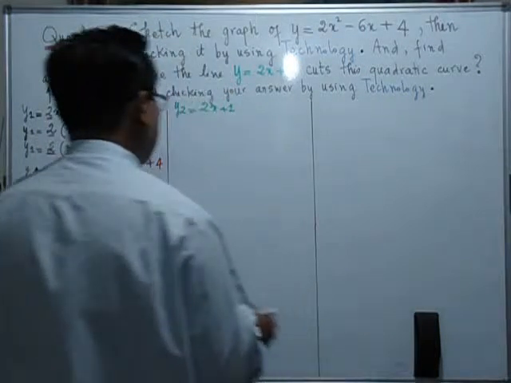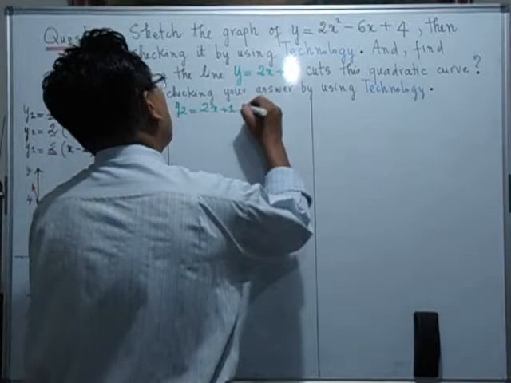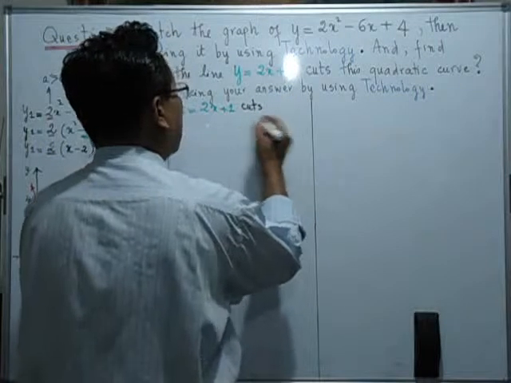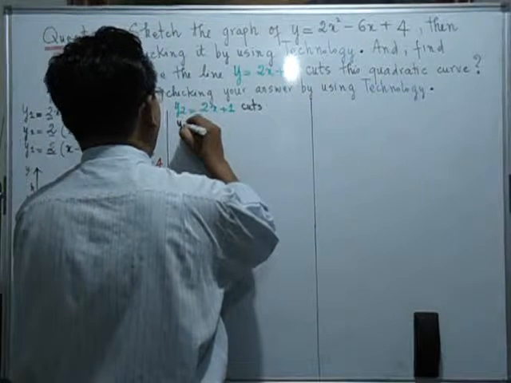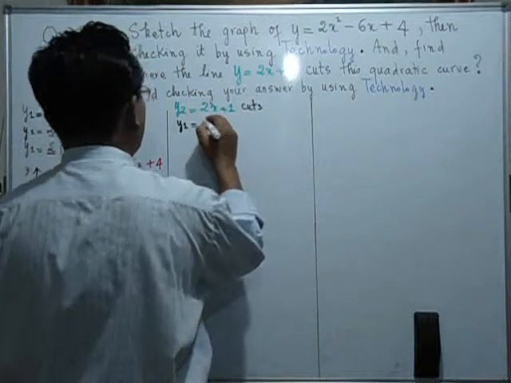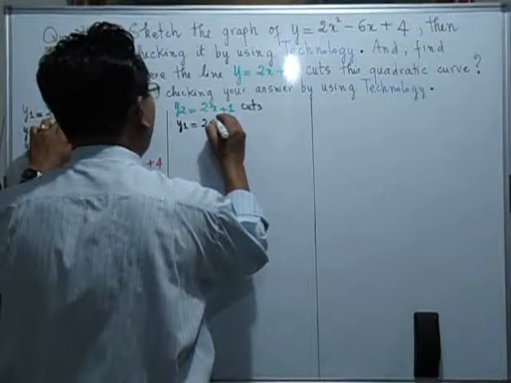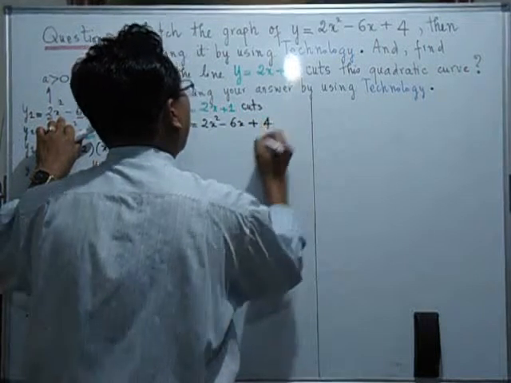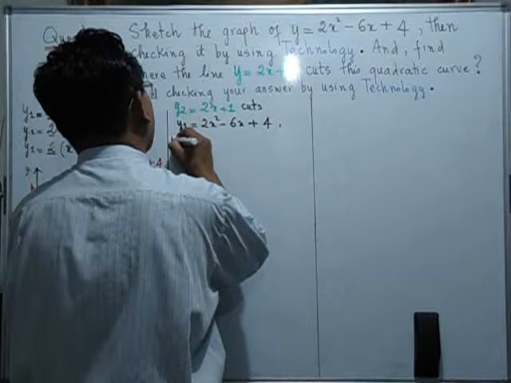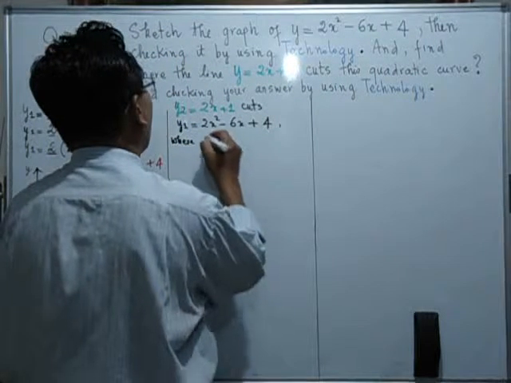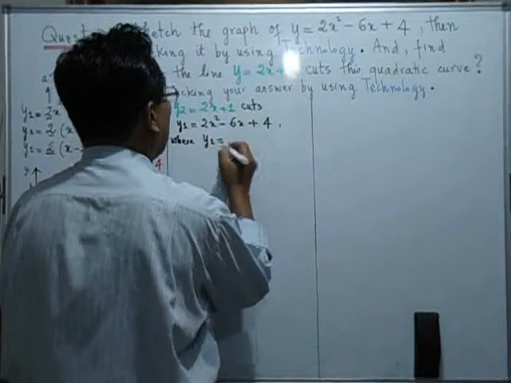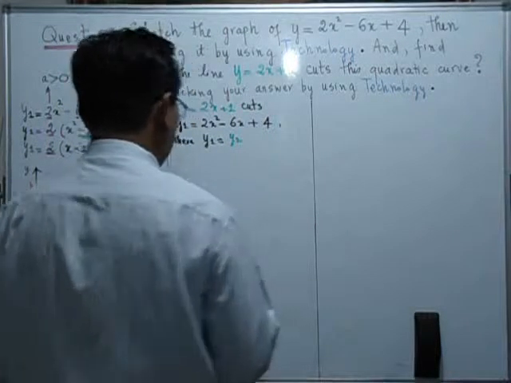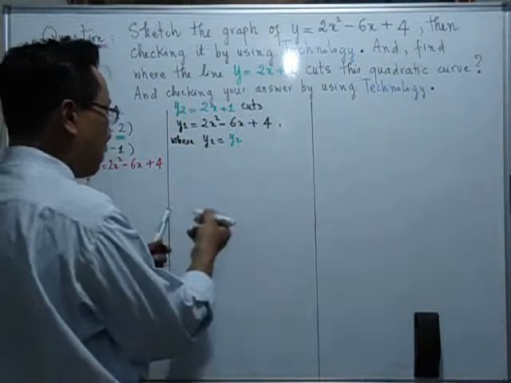And this curve y1 equals 2x power 2 minus 6x plus 4, where y1 equals y2, so we balance both sides.